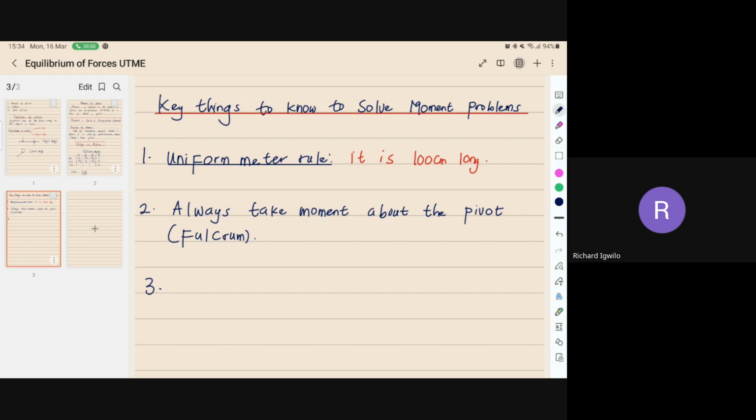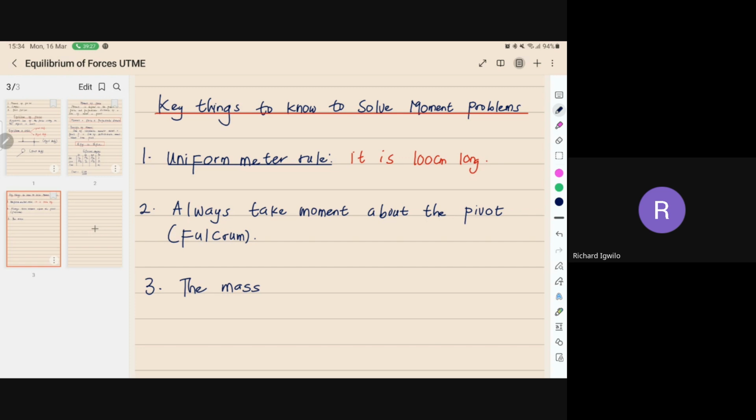You start finding the centroid of an object. That one is a different ball game under what we call engineering mechanics. Quite interesting, but can be complex. But you have no business with that, right? So just know that when they say the mass of the object is at the center of gravity, it simply means that the mass is at the center of the meter rule or the center of the rod.